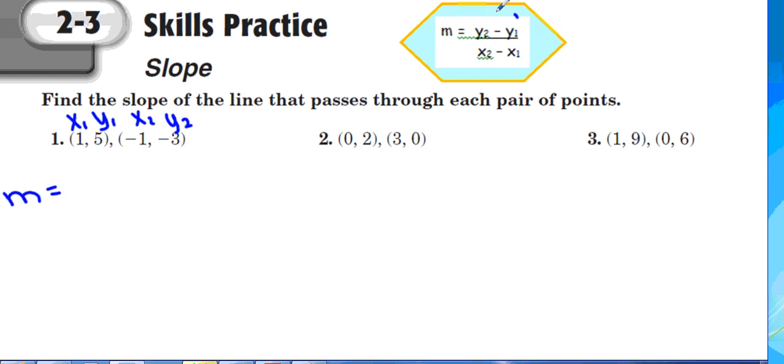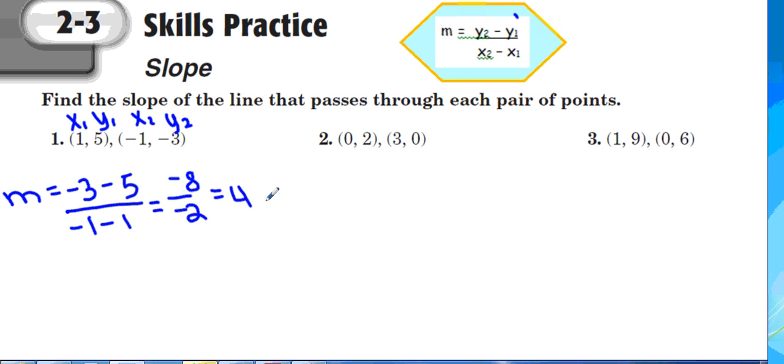Now, following my formula from up top, I'm going to take y2 minus y1 divided by x2 minus x1. Now I'll solve this so that I get -8 over -2, which simplifies to a slope of +4.